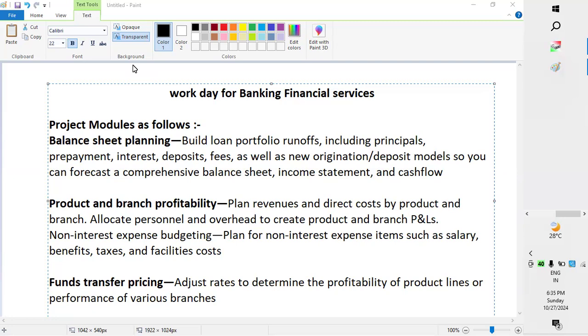Now, today I'm going to discuss the different modules that we need to work on as a business analyst, because these are the modules you can see as far as Workday for banking and financial services is concerned. Remember, in the Workday application we have these modules.